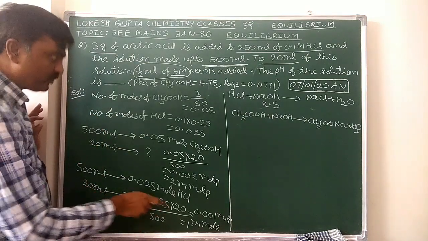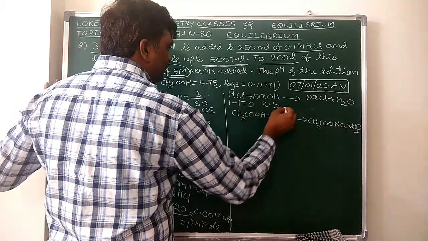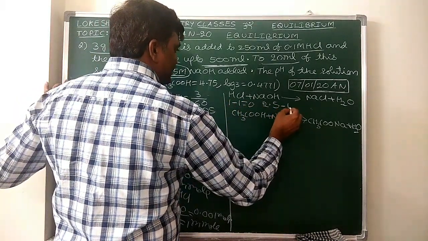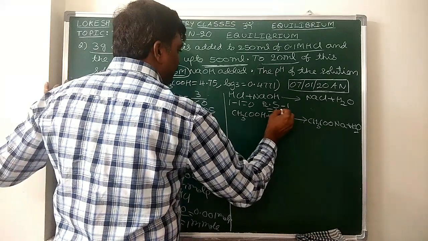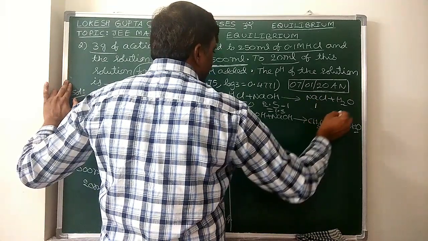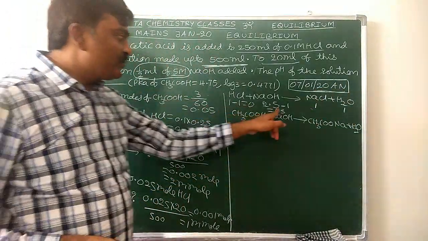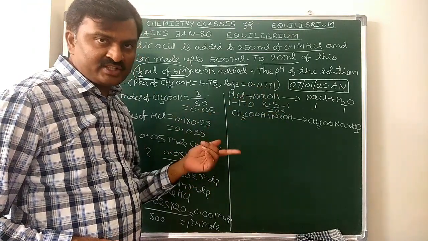Here HCl is 1 millimole. 1 millimole HCl will react with 1 millimole NaOH. Then 1.5 millimole NaOH is left behind. 1 millimole NaCl is formed. Now still 1.5 millimole NaOH is there.